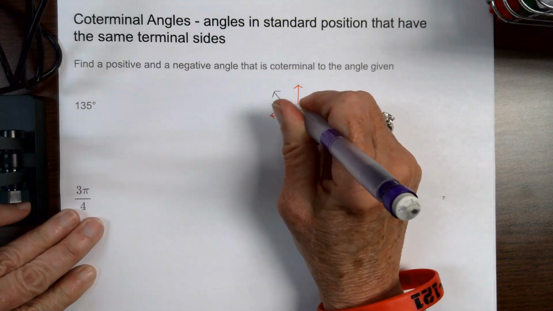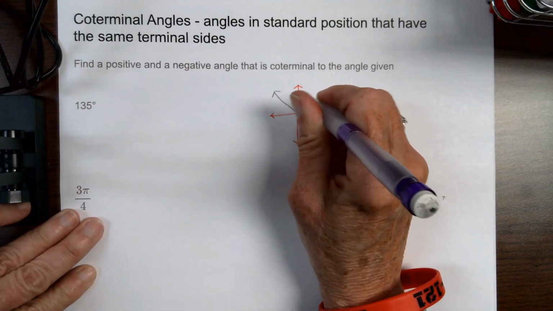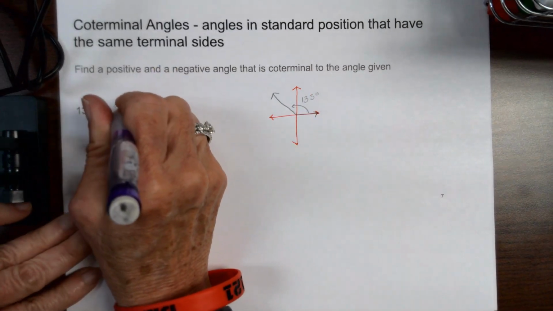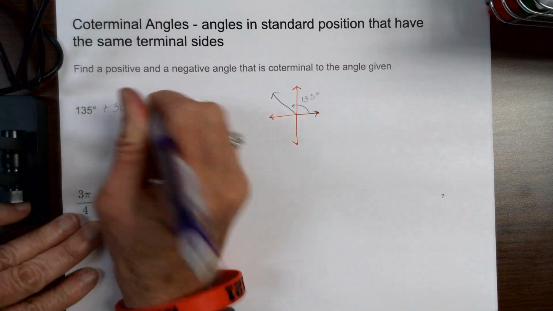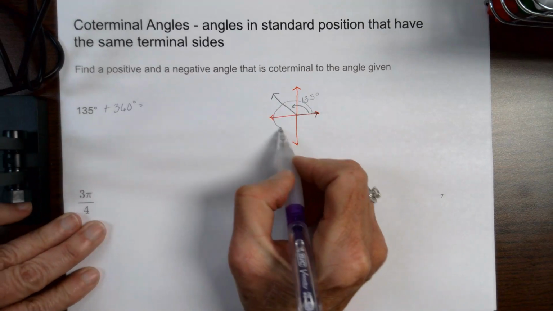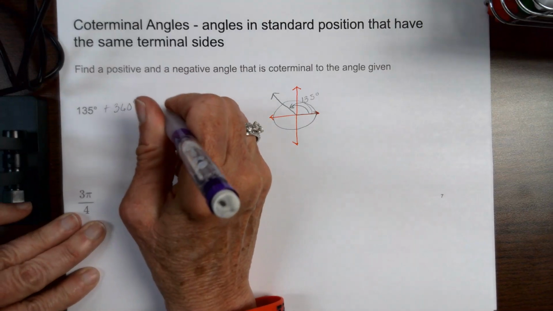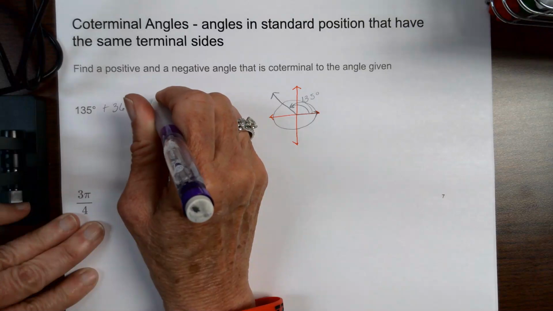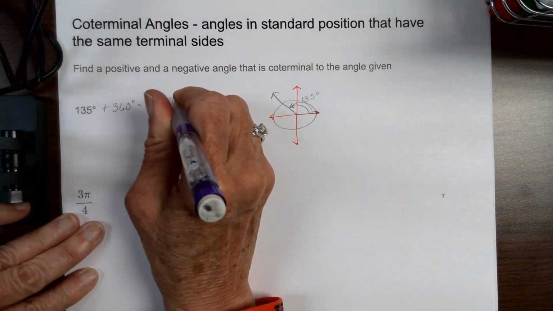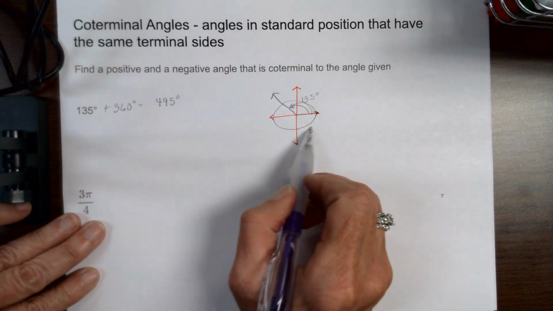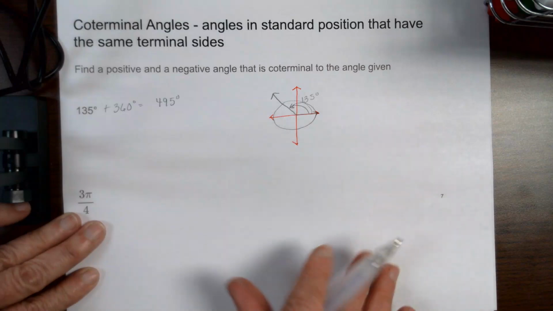Okay, this is 135. But if I add 360 to it, so I go all the way around the circle and back to it again, then I get a coterminal angle of 495 degrees. That is the exact same terminal side because I've gone all the way around and back to it.